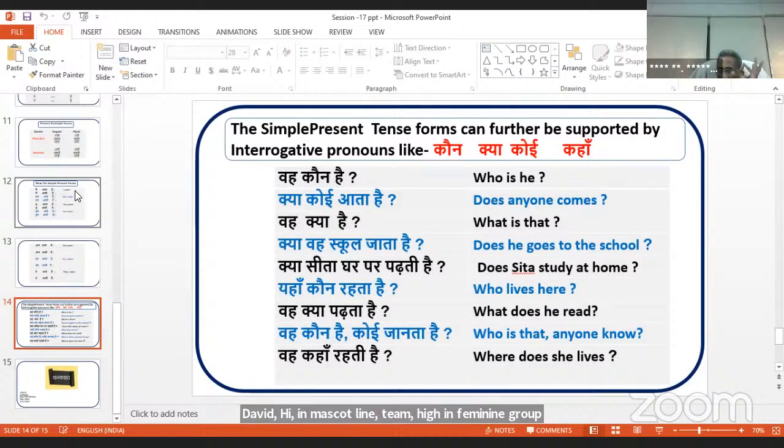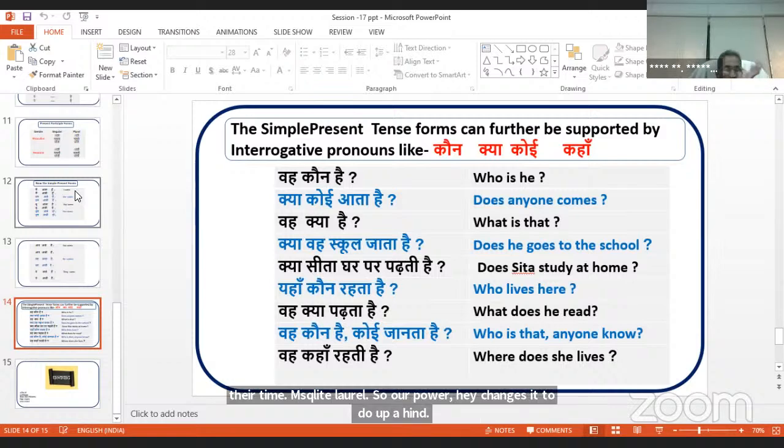Ram आता है. Just hear it. Ram आता है. Ram और Lakshman आते हैं. Masculine plural, so आता है changes into आते हैं. सीता आती है.